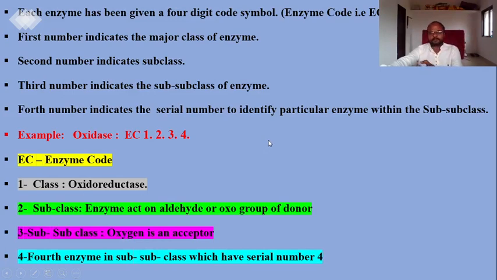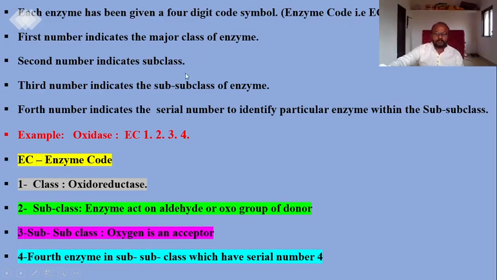As well, there is another rule. Each and every enzyme has a 4-digit code symbol, and this code is called the EC, that means enzyme code. If you take the example of oxidase, this oxidase enzyme has a 4-digit code: 1, 2, 3 and 4. So these four numbers are there.